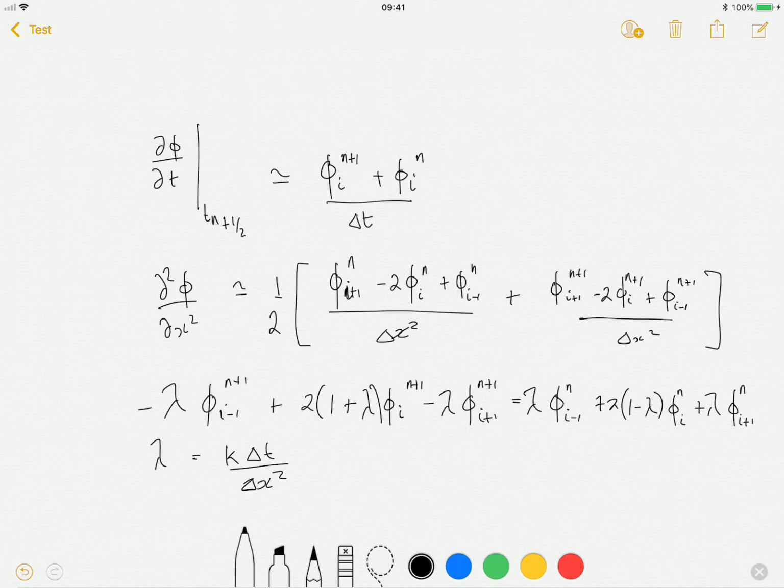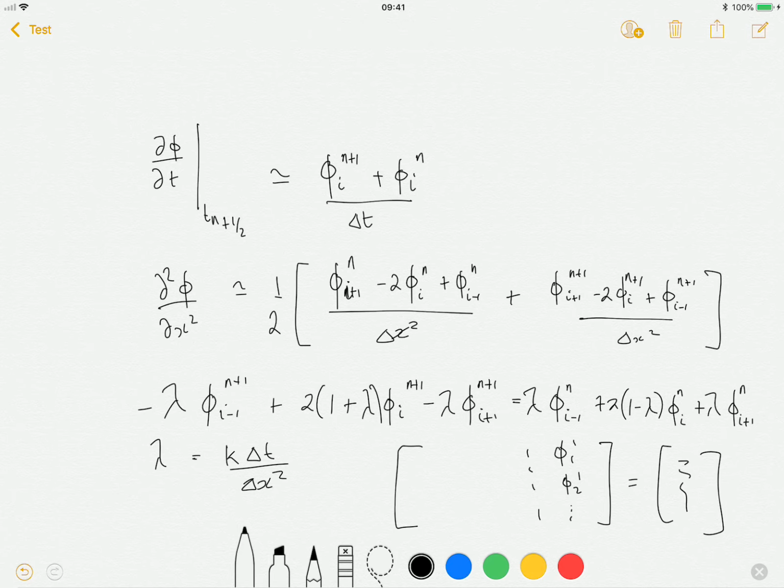Okay, so what do we do with this equation? Well, we formulate a set of simultaneous equations, and we solve that set of simultaneous equations. So effectively, we would have our coefficients augmented by the values at our grid cells, so φ_1^1, φ_2^1, for example, and that would equal our boundary conditions.